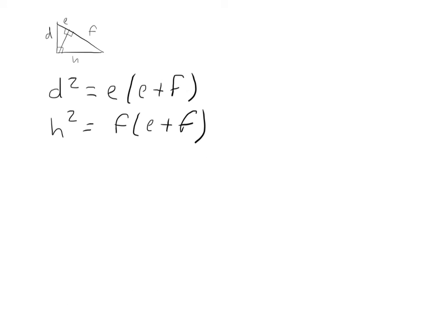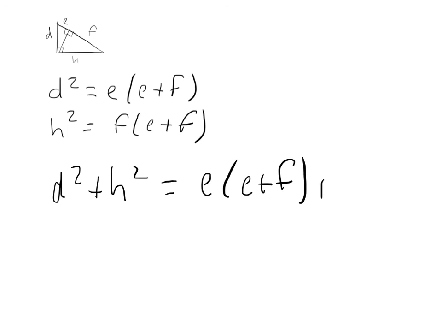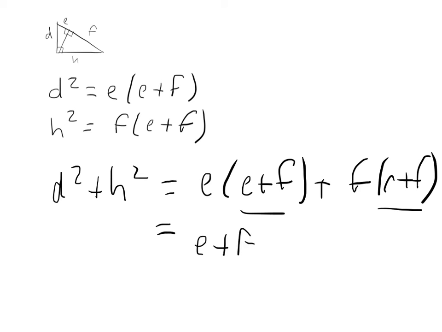So from the previous slide, we've shown that in each case, each leg of my right triangle is the geometric mean between the segment on the hypotenuse closest to the leg times the whole hypotenuse. So if I then go ahead and add equal things to equal things, I get D squared plus H squared equals E times E plus F plus F times E plus F. And then we've got to do a little bit of Algebra 1: factor an E plus F out of each expression here on the right, and I get E plus F factored out times what's left.